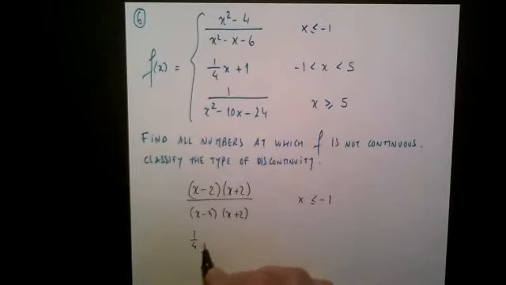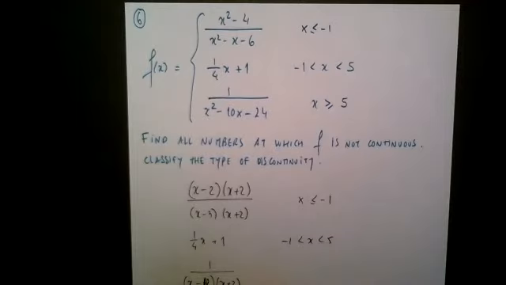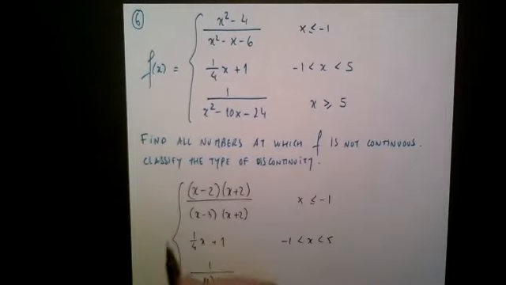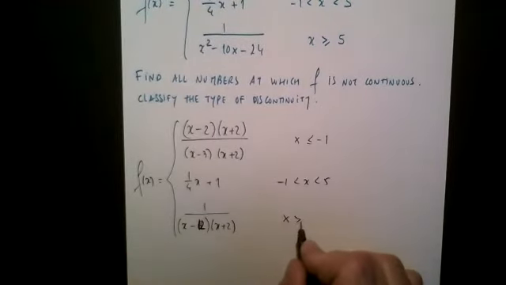Here, there's nothing to do: 1/4 x plus 1, between -1 and 5. And here I could factor. I get 1 over x minus 12 times x plus 2. This is if x is greater or equal than 5.